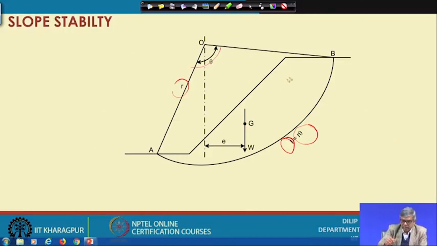Along this, based on the shear strength parameters, the shearing resistance will develop.